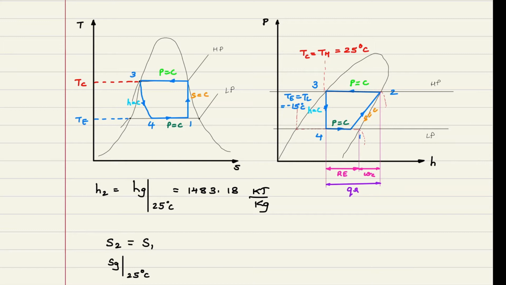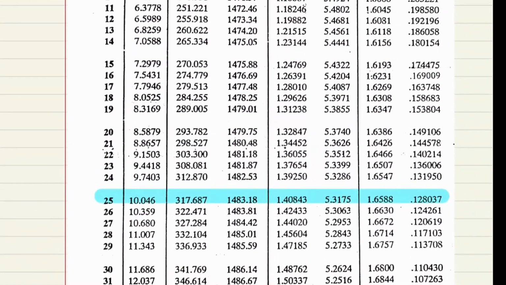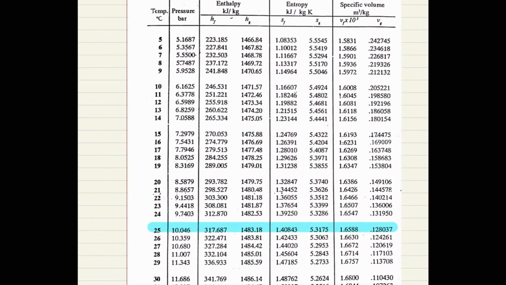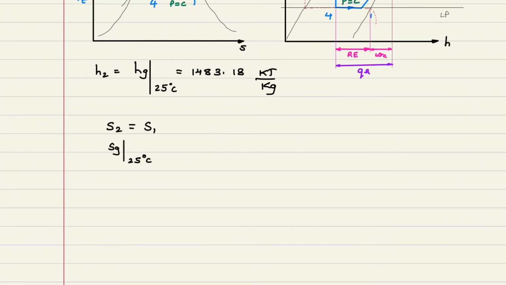So what will be entropy of this point? It will be Sg at either the given saturation pressure or given temperature. Okay, so we'll read this value Sg at 25. So this is Sg at 25, its value is 5.3175. The unit you can see on the chart, it is kilojoule per kg Kelvin.